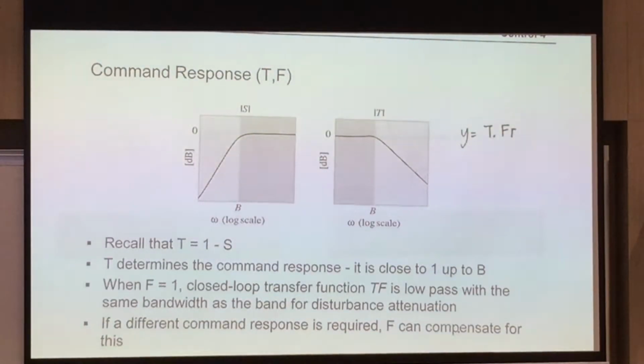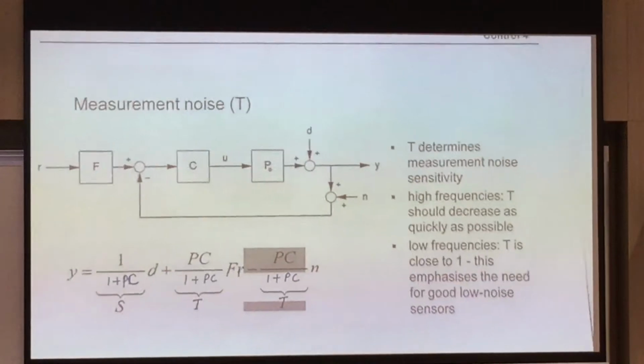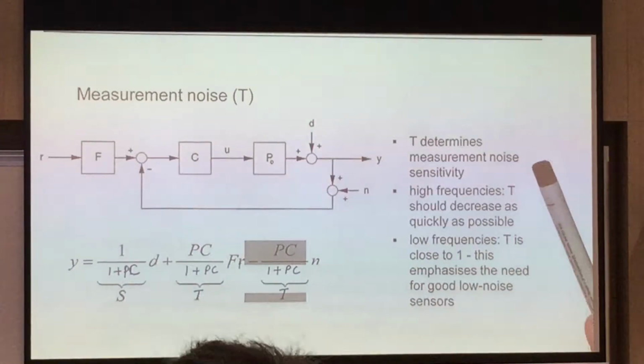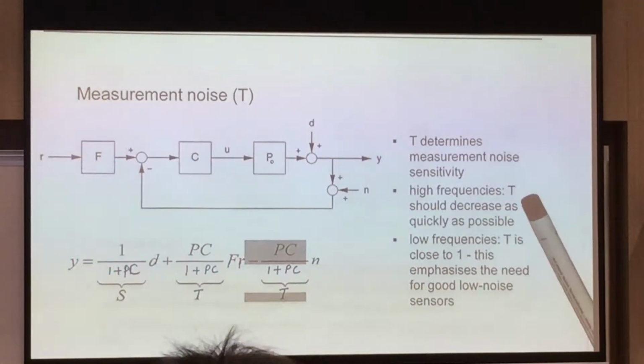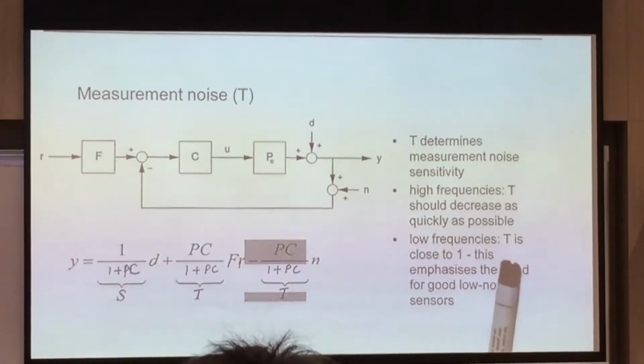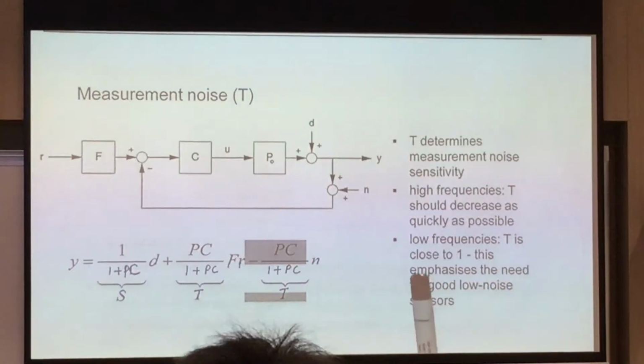Alright, so the complementary sensitivity function T relates to both the command response and also the measurement noise. Okay, so in the area of measurement noise, T determines measurement noise activity, and at high frequencies, T should decrease as quickly as possible. Alright? At low frequencies, your T is very close to 1.